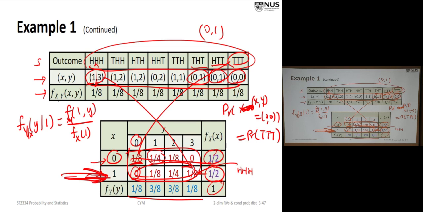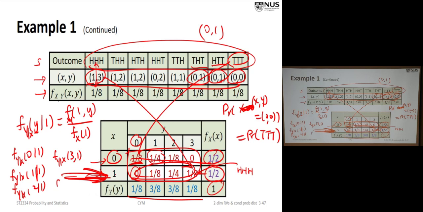All right? Then immediately you see that when Y equals 0, f(1, 0) is 0. So therefore, you have to work out all this: (0, 1), (1, 1), (2, 1), and (3, 1).